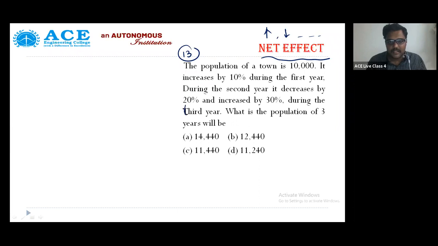They are asking the population after 3 years. So population is 10,000. First year 10% increase means 110%. Second year 20% decrease means 80%. Third year 30% increase means 130%.